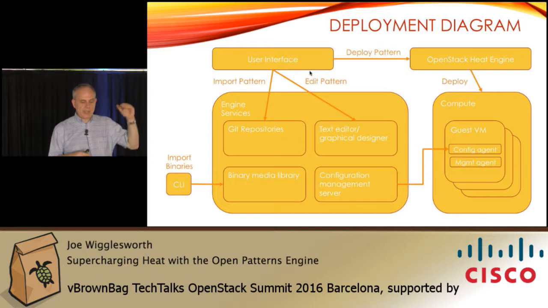So the user interface interacts with that. You can import a pattern into this engine and then edit it. And when that's been done, then you can basically call the OpenStack heat engine to deploy it, which will then go through the normal process of deploying it onto the compute and the guest virtual machines where the configuration agents are there and the endpoint management.